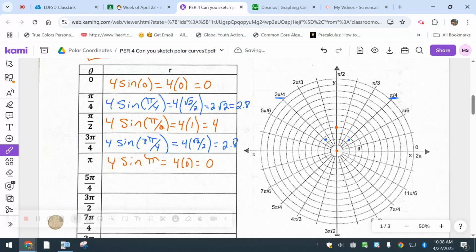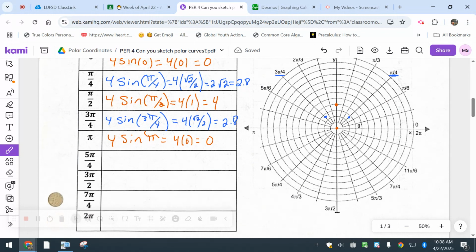Okay, now once you get past pi, you want to be careful, right? Because 5 pi over 4 is what quadrant? The point's going to end up being in the first, believe it or not. But this angle is in the third, right? So is sine positive or negative? Negative.